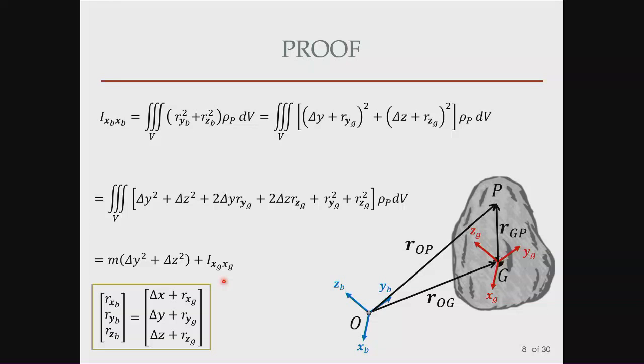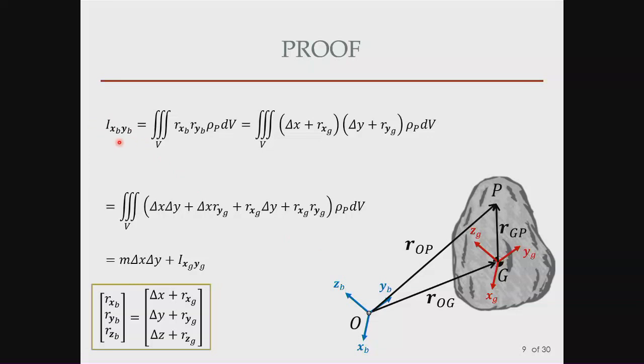The second example for this one is very similar. This is for xy. So for the xy, I again substituted, instead of rxb, delta x plus rxg. So kind of the x component of the split here.